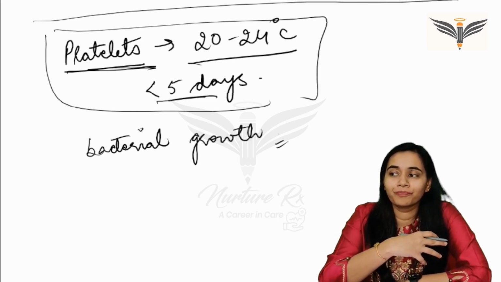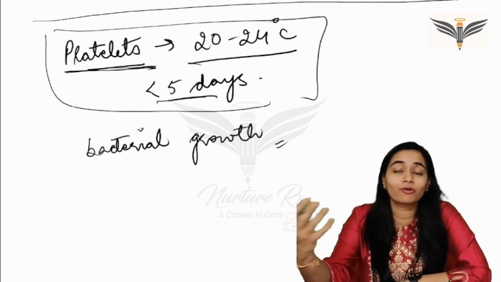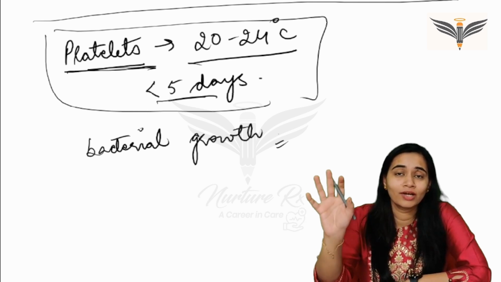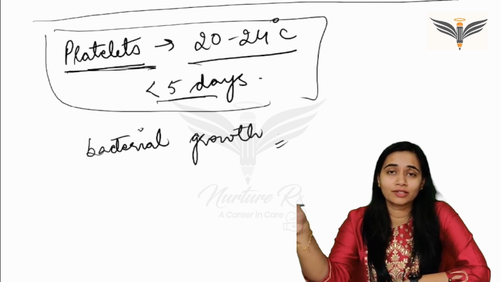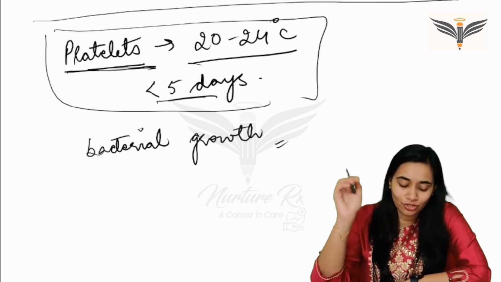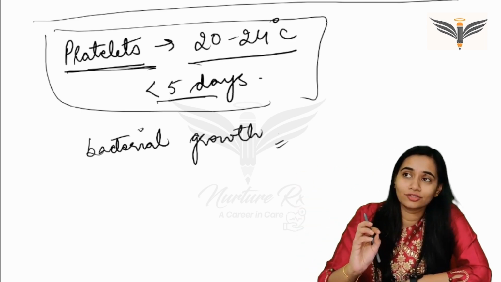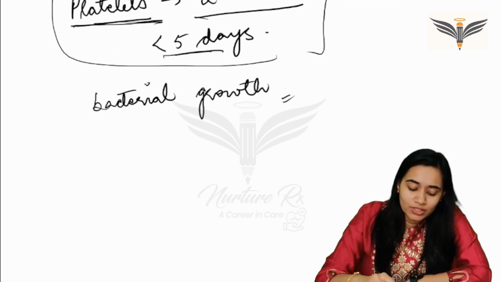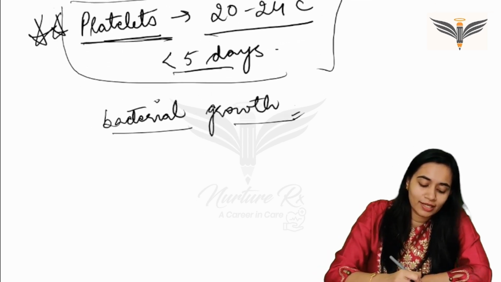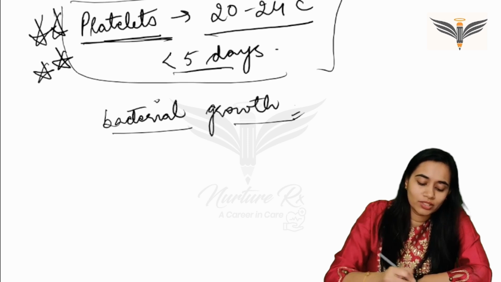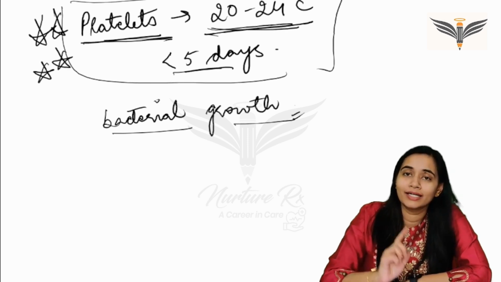So if kept for more than 5 days, there are chances of bacterial growth being present in the platelets, which if transfused to the patient can cause further bacterial infection in the patient also. So the component which is most susceptible to bacterial growth is your platelets. And why is that? It is because it is kept at room temperature.